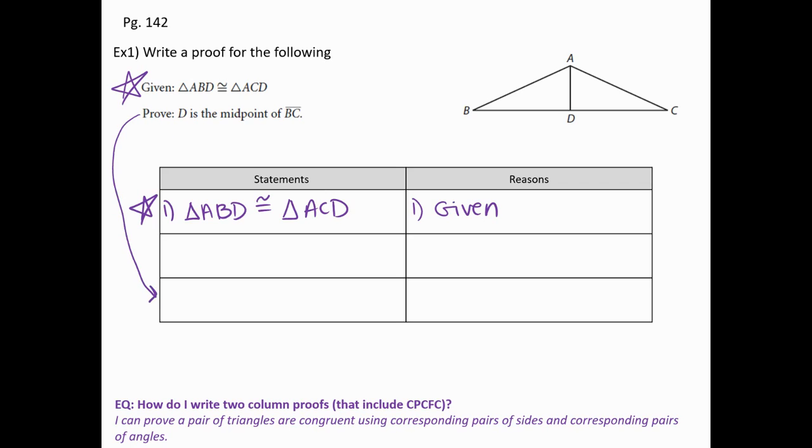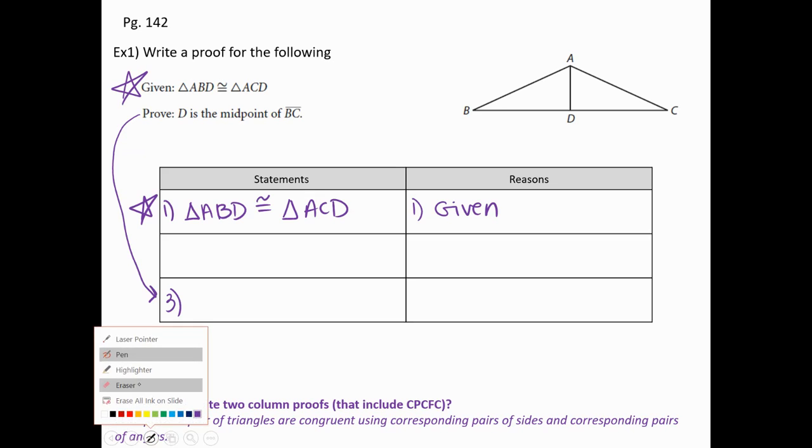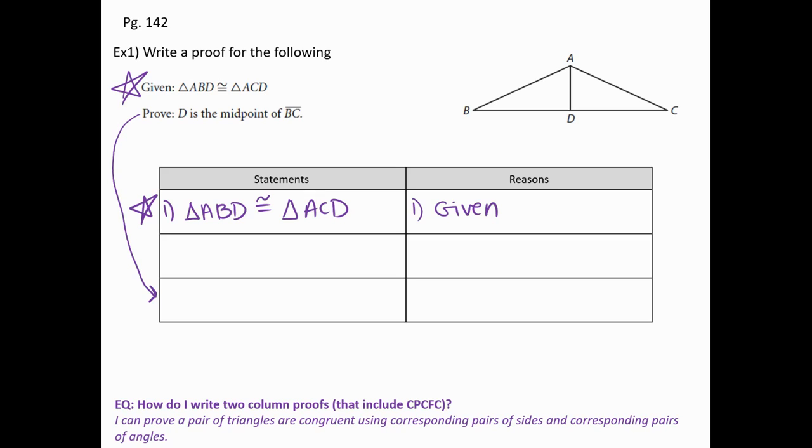So because I know what I'm trying to prove, and I happen to have 3 boxes, I could put it in immediately. I'm not going to yet, but I just want to point that out. The first box is always the given, and the last box is always what you're trying to prove. All right, so we have statements and reasons. So the statements are what we know to be true, and then the reason how we know it's true.